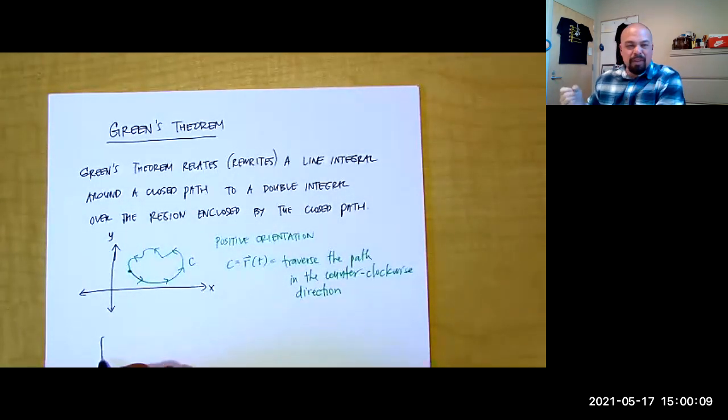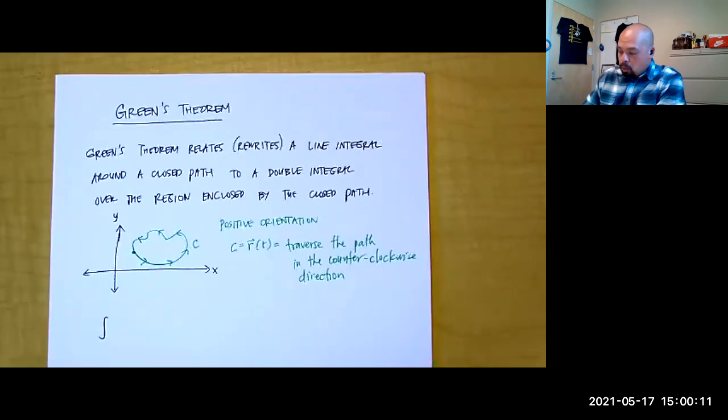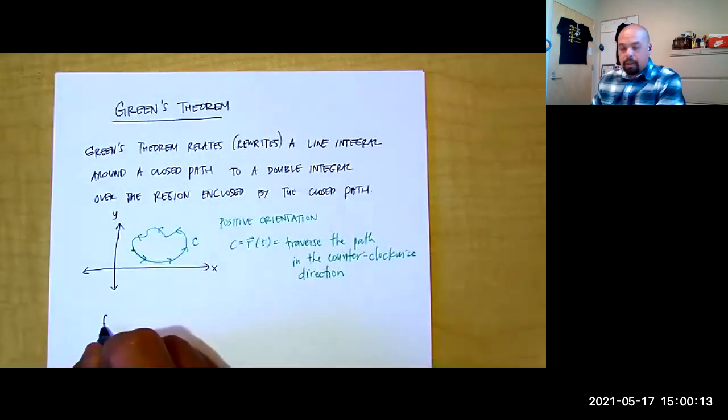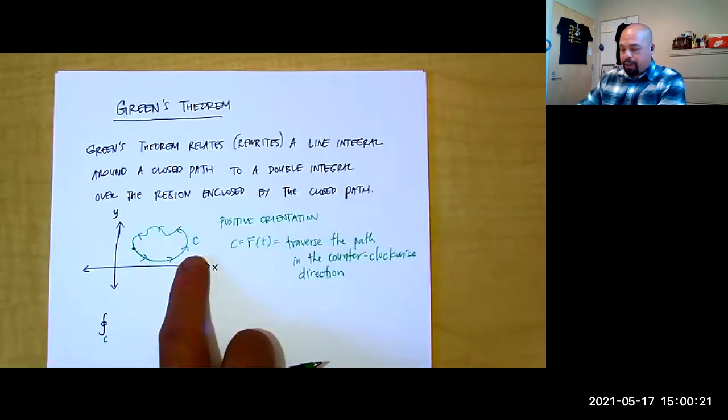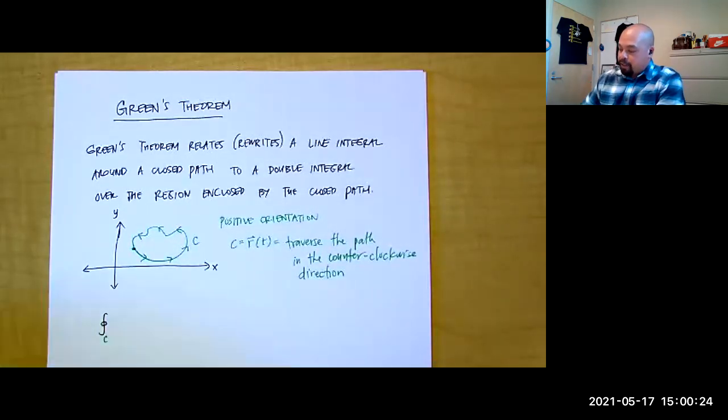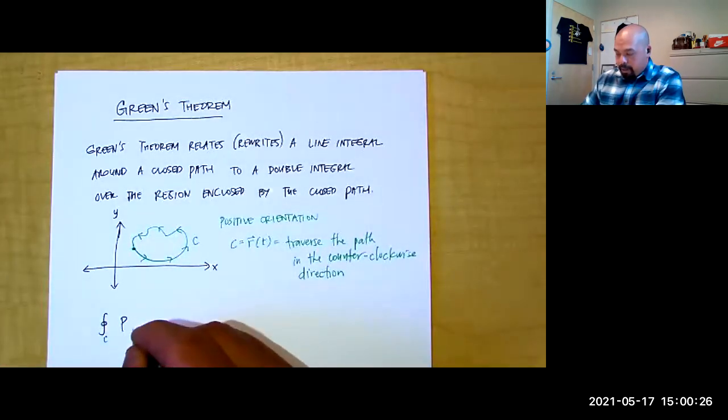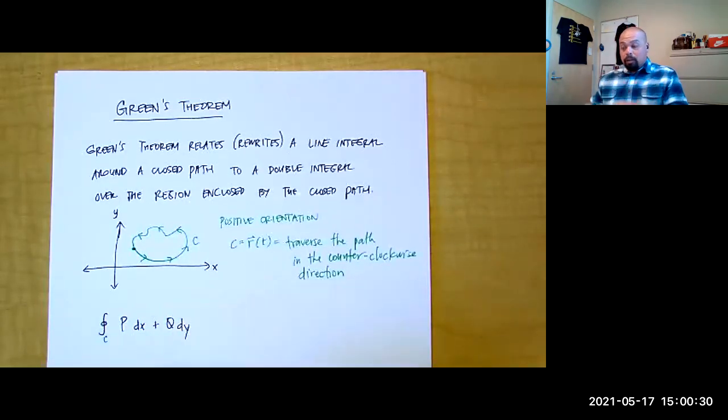And with some of these closed paths, we use this little open circle on the integral, and we have this idea, okay, we're going across this closed path, positively oriented, okay? And we have some function P dx plus Q dy, this kind of line integral that we would have managed in 16.1, the beginning of this chapter, okay?